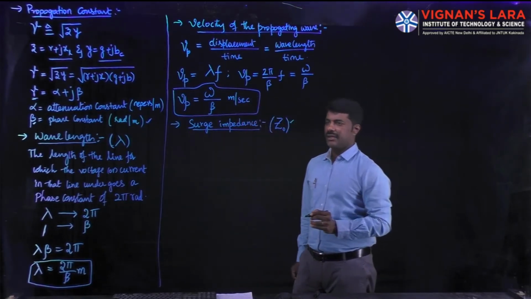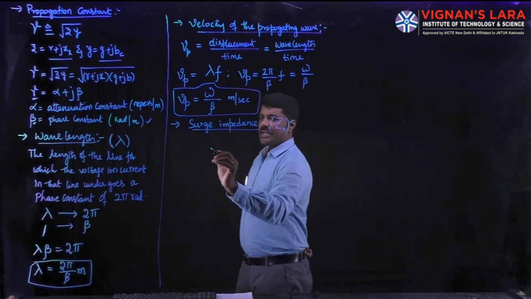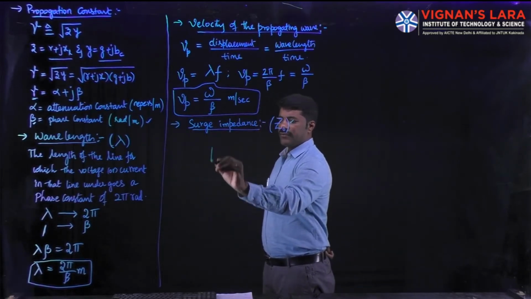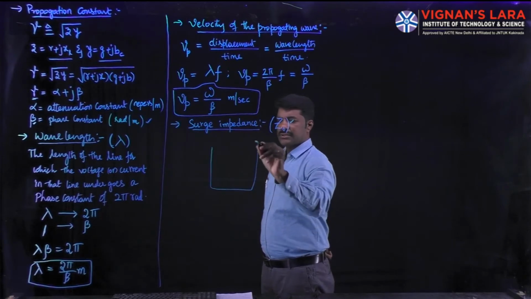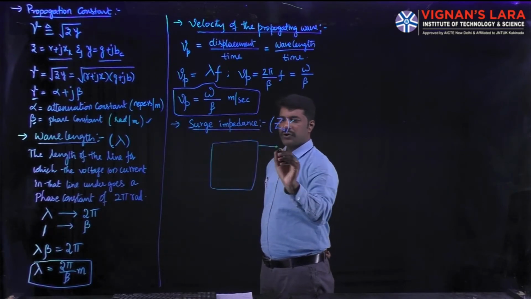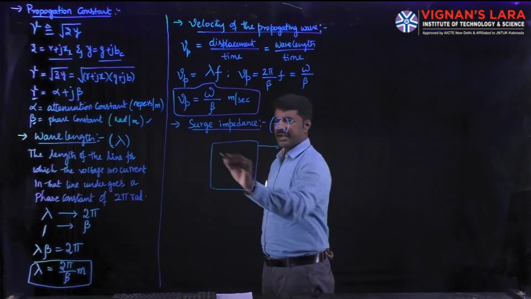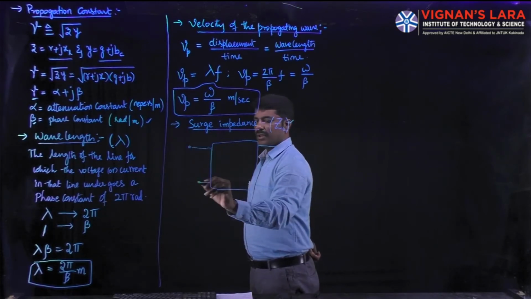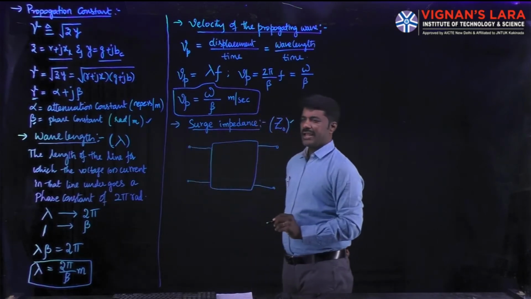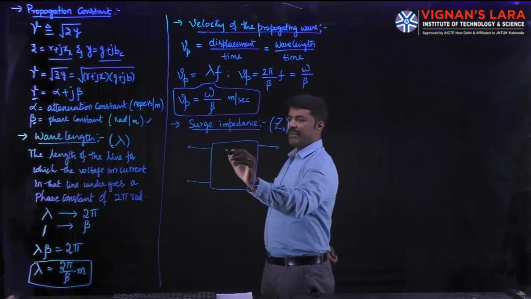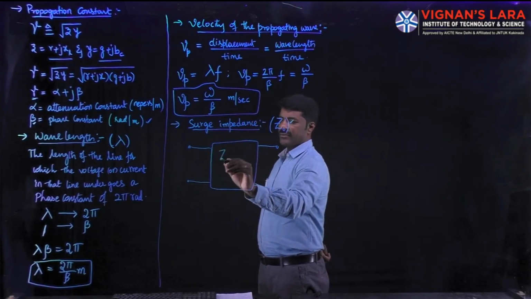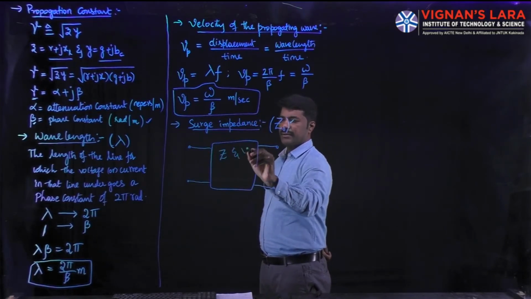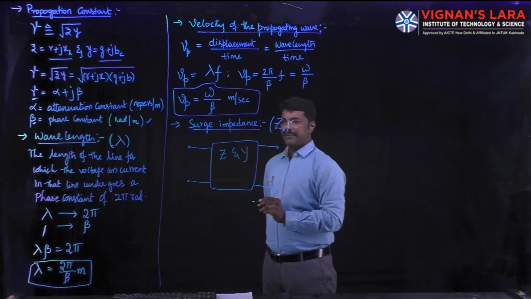Let us see. In general, for a transmission line, if you consider it as a black box, having two ports called the receiving end port and sending end port, this entire transmission line is made up of elements Z and Y, as series and shunt branches respectively.